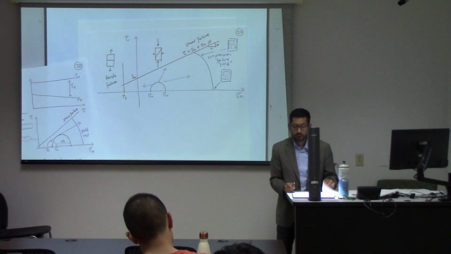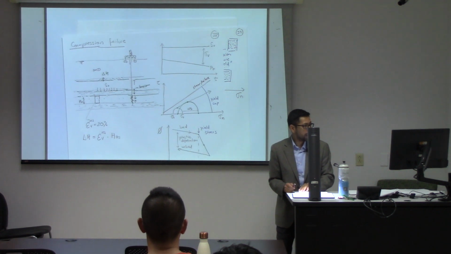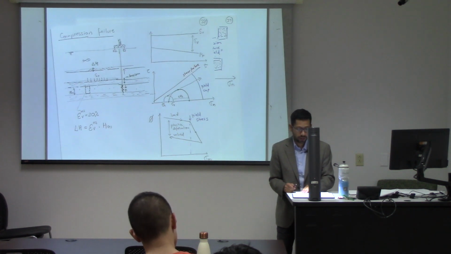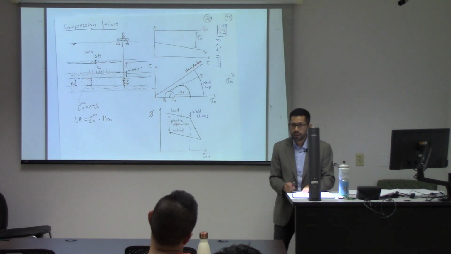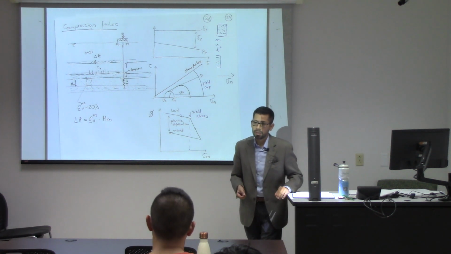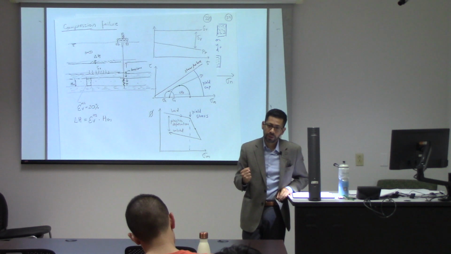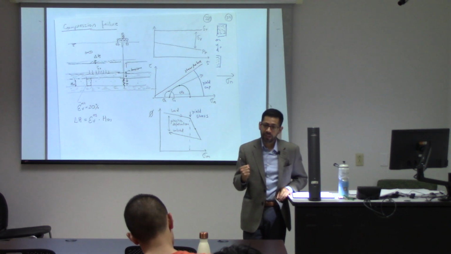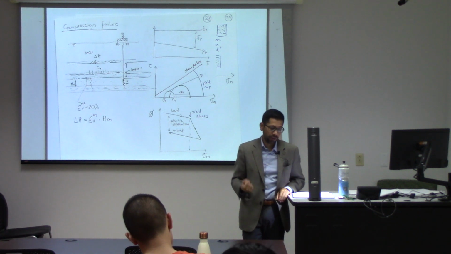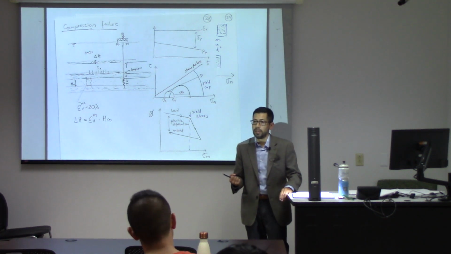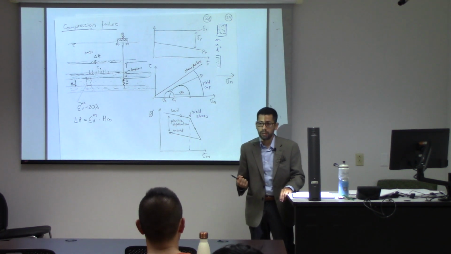Why is compression failure important? Because many times we subject rocks to increased effective stress, and this is mostly due to depletion. When you lower the pore pressure in a reservoir, you increase the effective stresses, and the magnitude of the increase of effective stresses depends on the magnitude of the decrease of pore pressure.